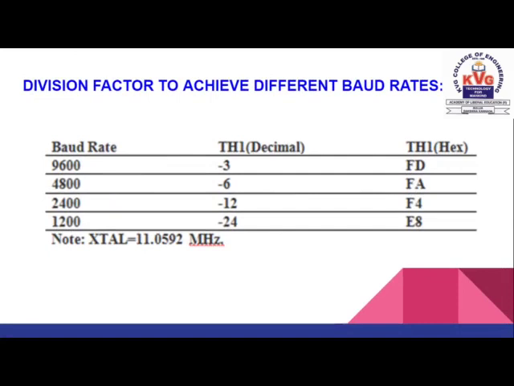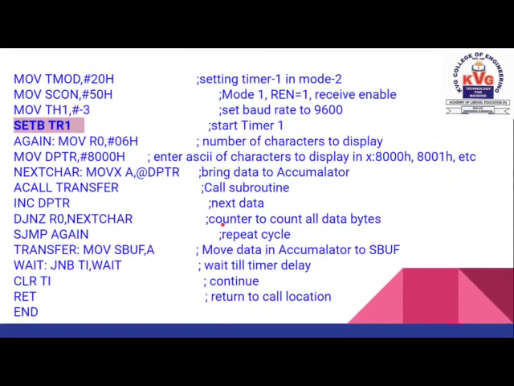We've already gone through this slide, where it was explained how we can change the baud rate by loading the TH register of the timer with corresponding divider values. Going to the next slide, we then start timer 1 by setting TR1. The timer starts counting from FDH down to 0.